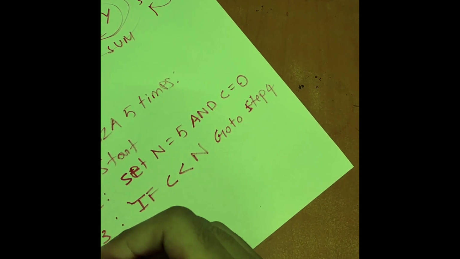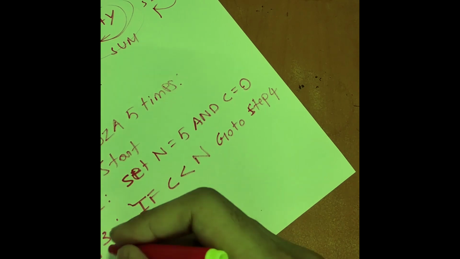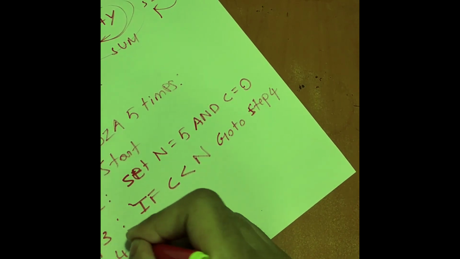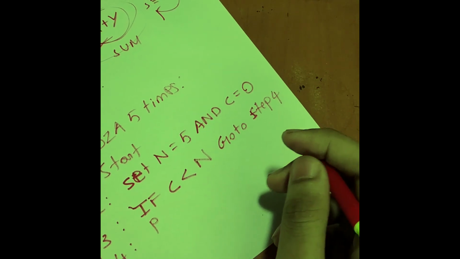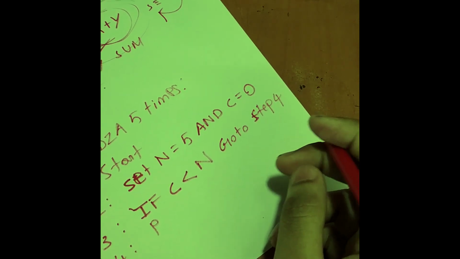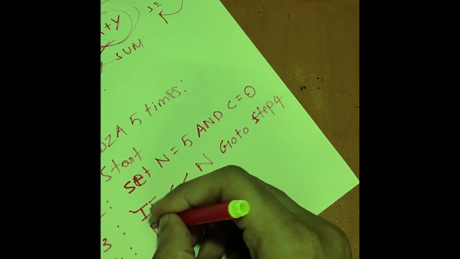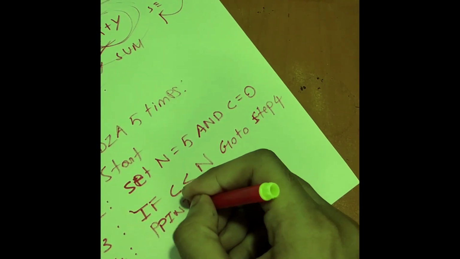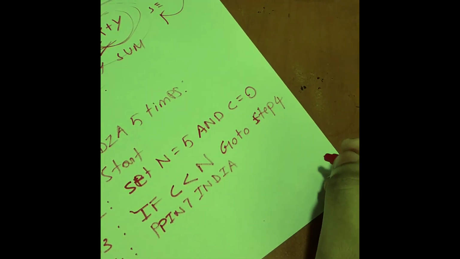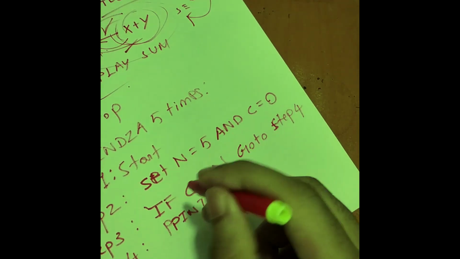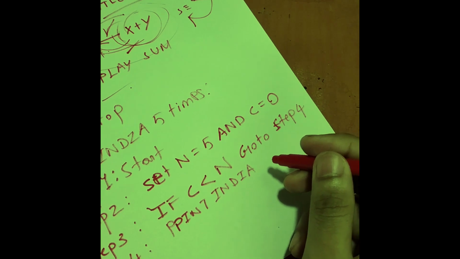What is step 4? Print India, right? If c is less than n, go to step 4.